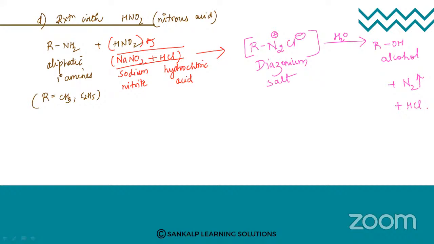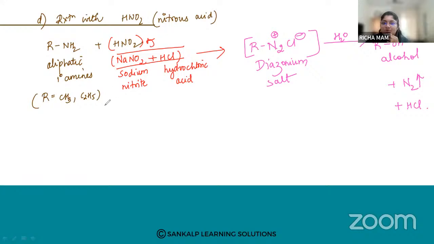So this is the reaction with nitrous acid. What we did, we took a primary amine, then we reacted it with nitrous acid. How do we get nitrous acid? When NaNO2, that is sodium nitrite, reacts with hydrochloric acid, you get the diazonium salt.